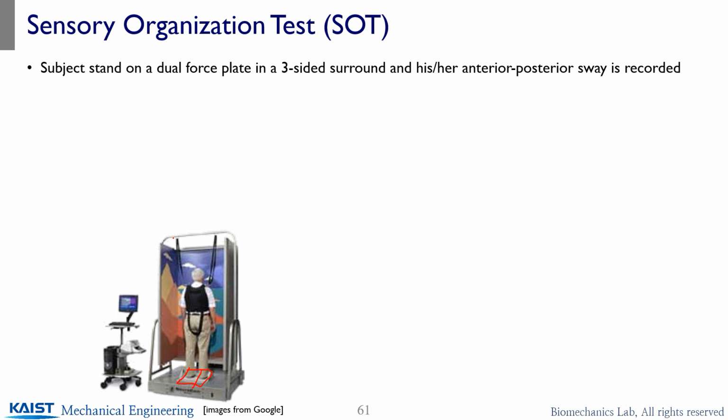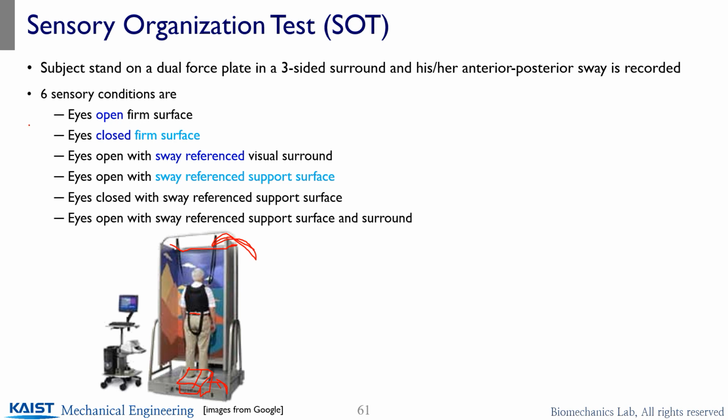And there is a three-wall environment that covers the visual field of the subject. The motor-controlled platform moves its plate back and forth and the environment back and forth. And to keep the subject safe, there is a safety harness. So this is designed to manipulate the sensory conditions required for posture control.